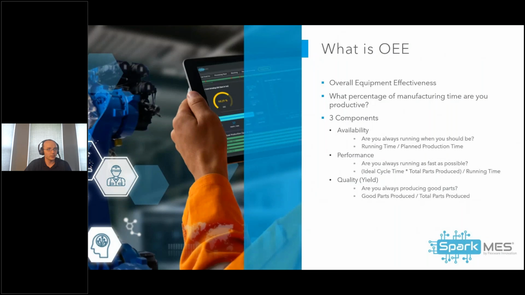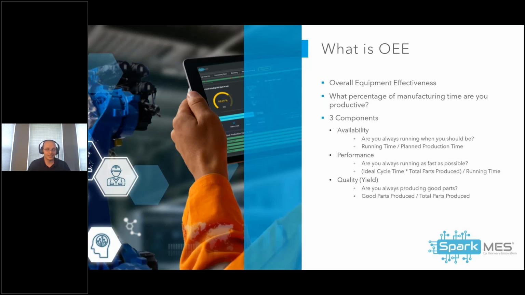There are three different components that go into OEE: availability, performance, and quality, which sometimes you'll hear called yield. It really just depends on where you're looking. And each of these components, I would argue, is maybe even more important than the overall OEE number itself. Talking through these a little, the availability number is telling us, of the time that we should be running, what percentage of that time are we actually running?